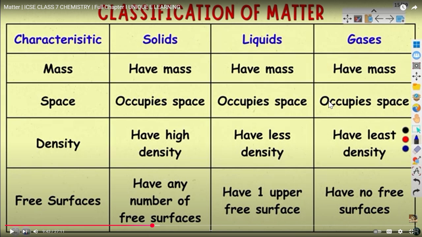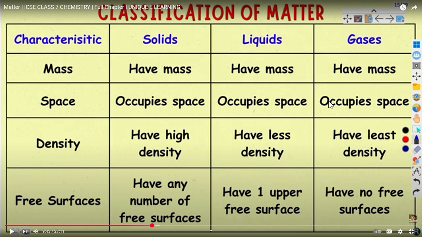The definition of matter is: anything that occupies space and has mass. And one more extra thing is that the mass of a body is constant. Mass is the total number of atoms contained in a body.